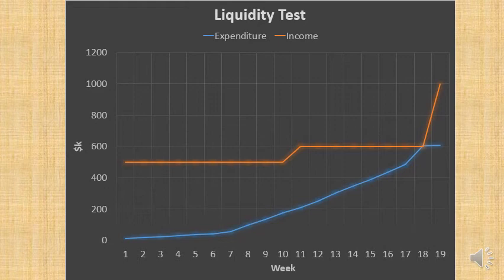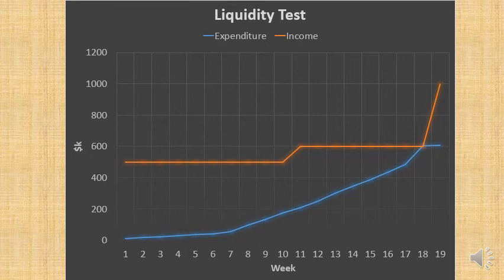So ideally a good project manager and a good quantity surveyor, so a quantity surveyor is someone who basically tracks costs and the budget and the estimating, wants the blue line and the orange line, the expenditure and capital lines, to be parallel, but he always wants the capital line, the orange line, to have a healthy gap above the blue line.